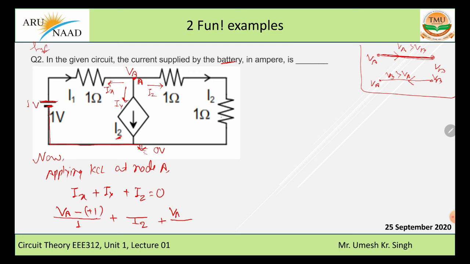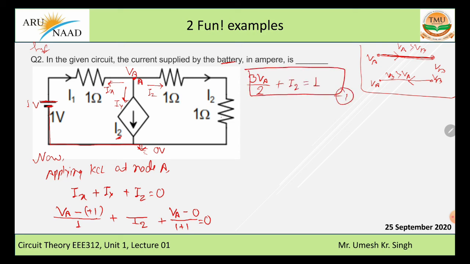Again the current is flowing from point A to this, and here the lower end is connected to 0, so we write VA minus 0 divided by the 2 resistances connected in series, 1 plus 1. When we solve this equation, we get 3VA by 2 plus I2 is equal to 1.